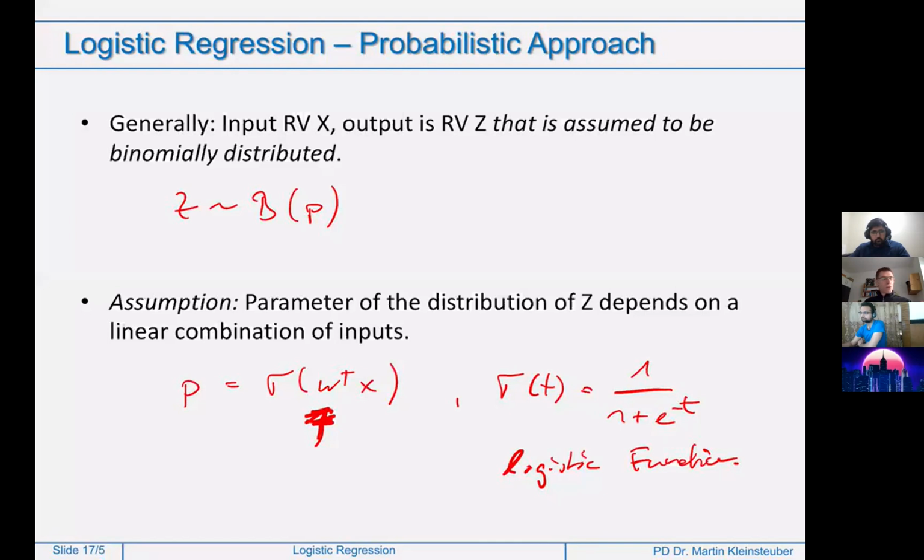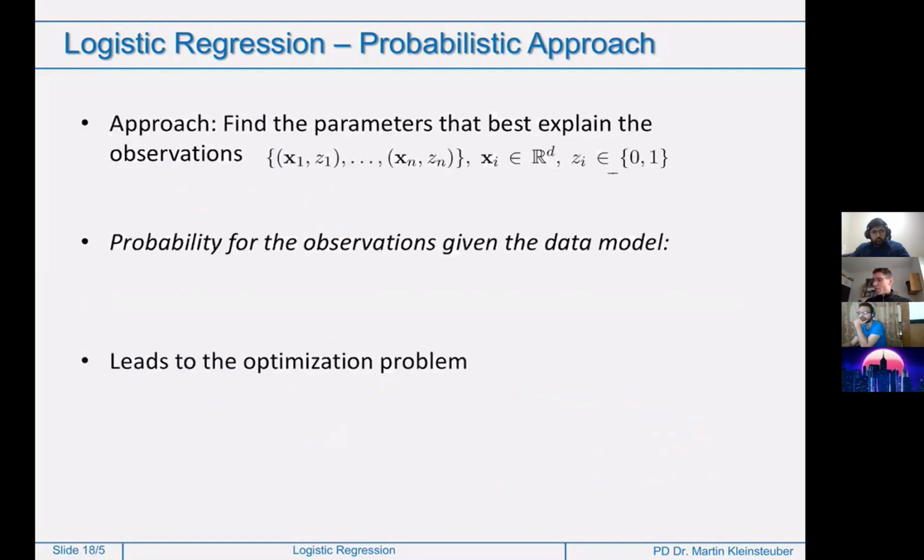What we very often do is try to find the parameters that best explain the observations, that maximize the probability of the observations that you observe, which is called the maximum likelihood approach. So assume that we have these observations. We have training data of n different samples with input variable x1 and output z1 up to xn and zn.